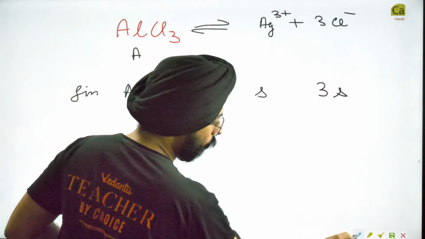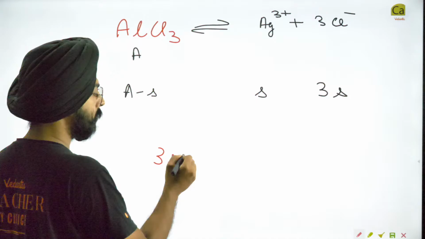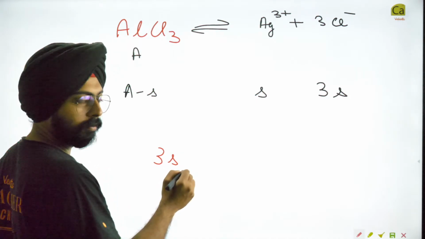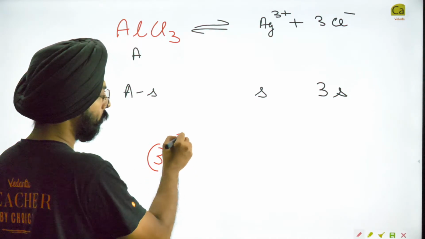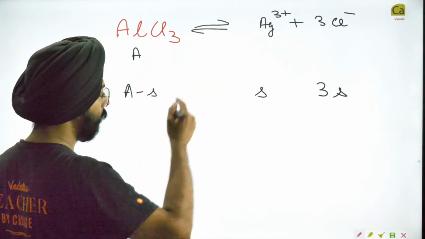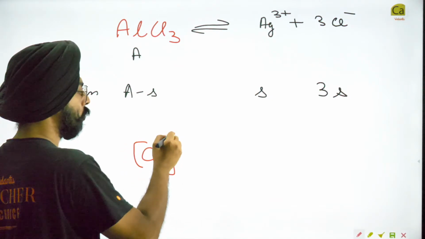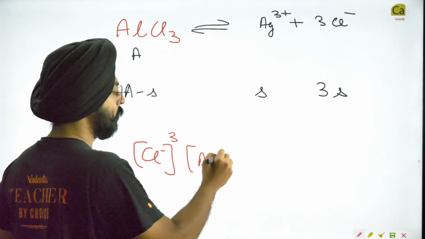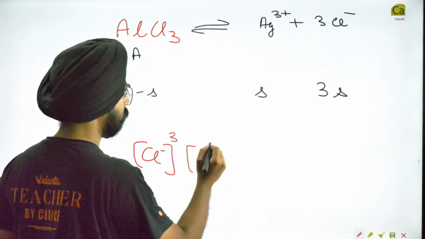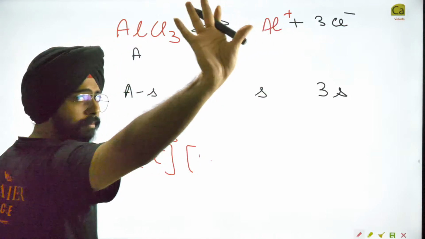So over here, can I write 3S cube into S? चलो step by step लिखते हैं. Over here, what is the equilibrium constant? Cl negative concentration cube into Al, sorry, क्या है? Al. मैंने सिल्वर को लिख दिया. My bad.